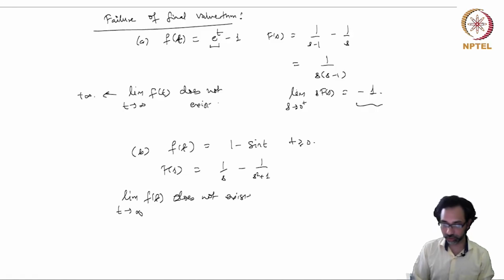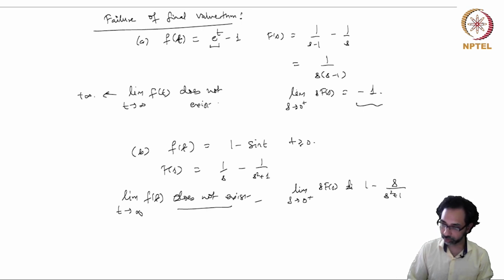It's an oscillatory function, so it oscillates between 0 and 2 in fact, while the limit as s goes to 0 of sF(s), this is 1 minus s over s squared plus 1.